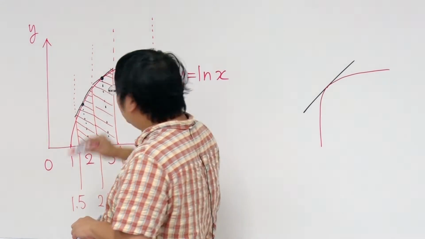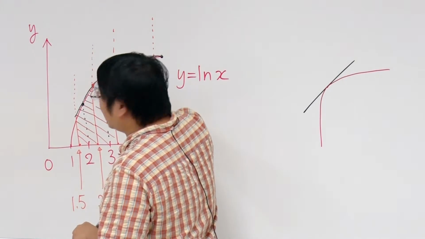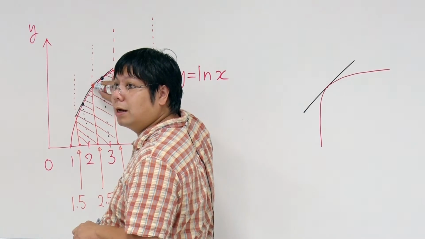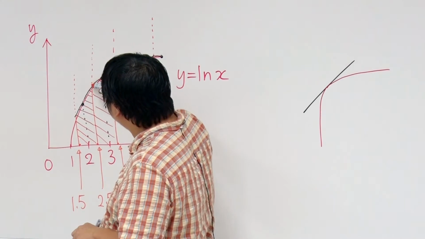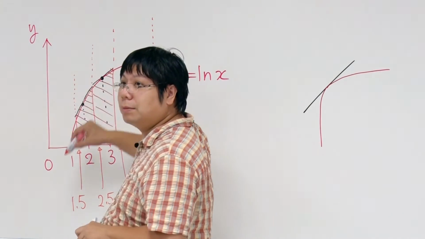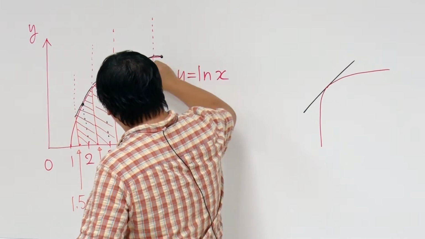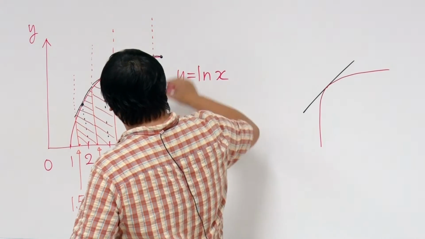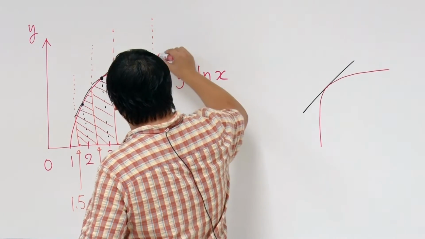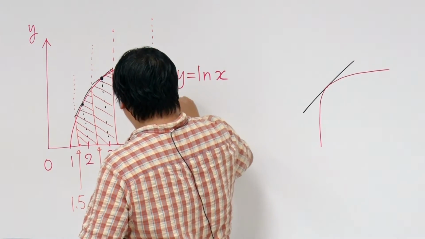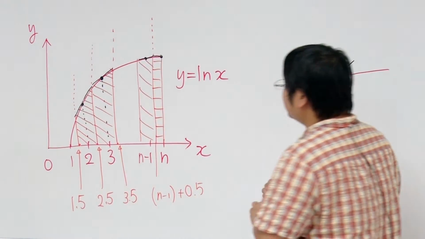These two lines may not intersect at this part, but don't worry, this is just another trapezium. We have many, many trapeziums, and the last one is a rectangle.